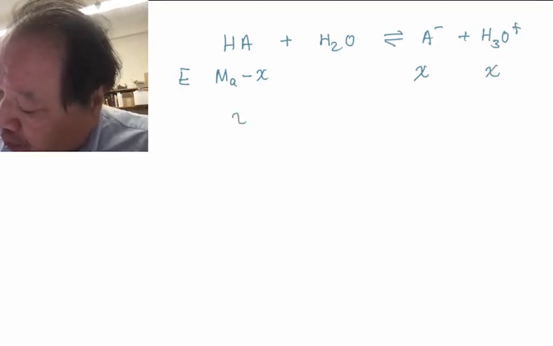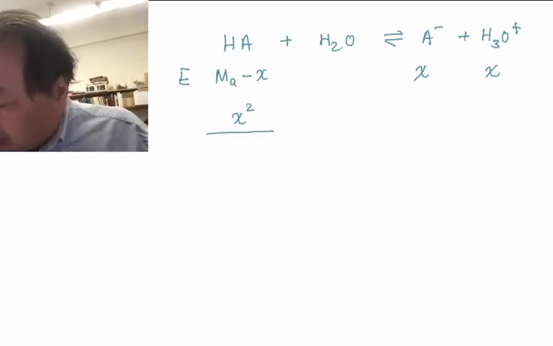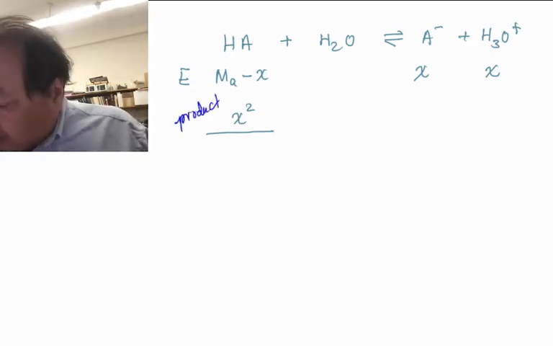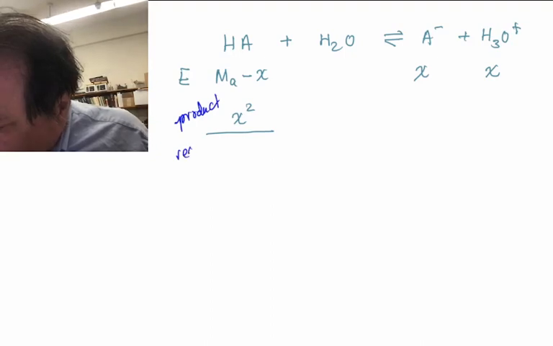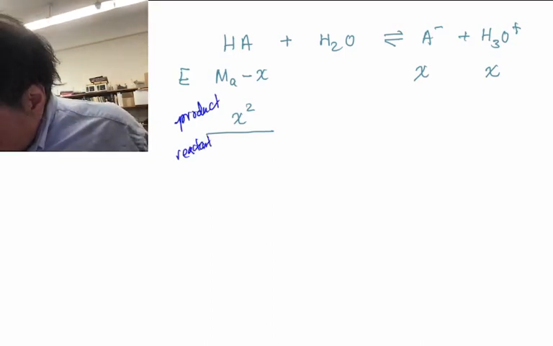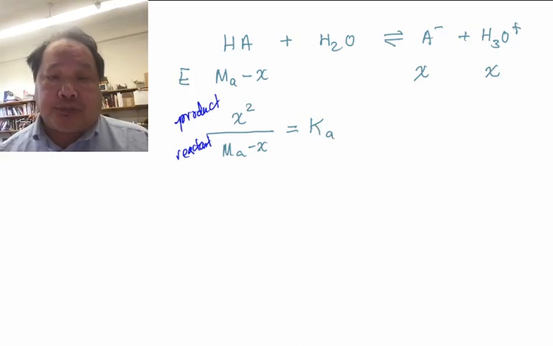And we know from the law of equilibrium constants that the product concentrations divided by the reactant concentrations, which in this case is Ma minus X, is the equilibrium constant, the acid equilibrium constant.